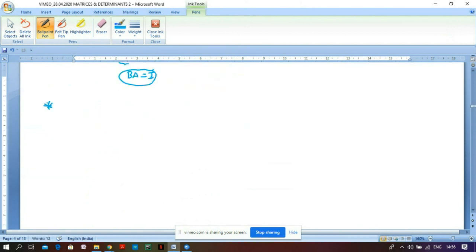Coming to another very important result: let A and B be two square matrices of the same order, and AB equal to 0, that is, AB is the null matrix. What can we conclude from it?